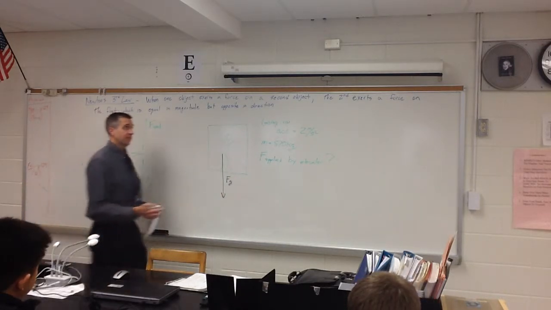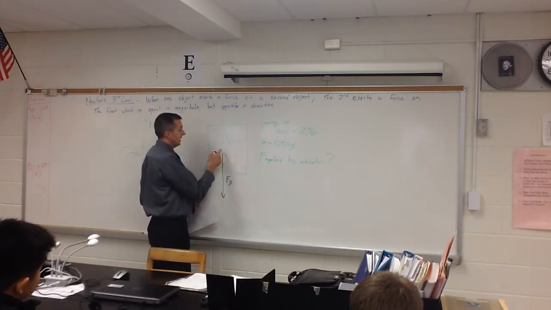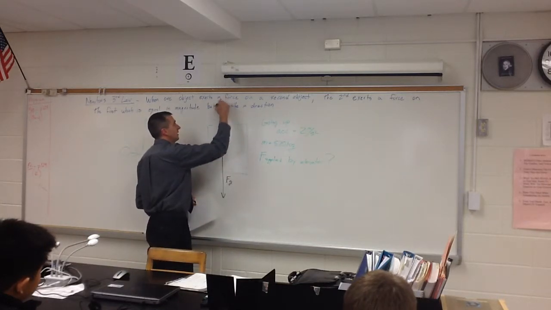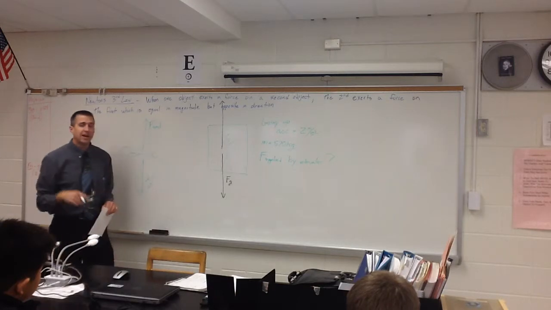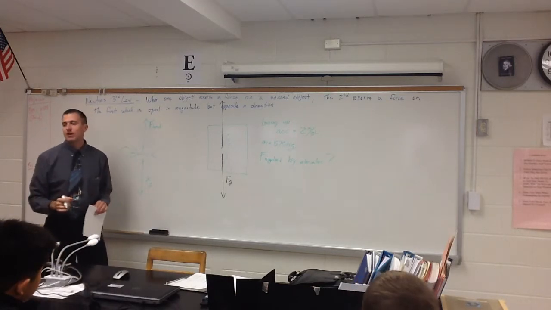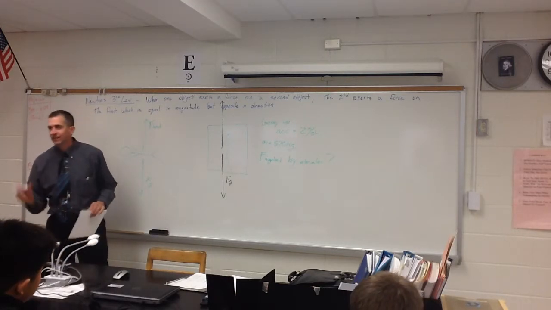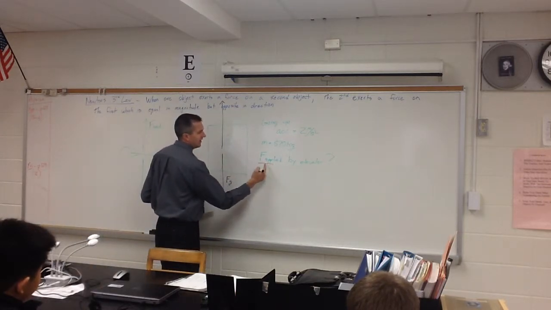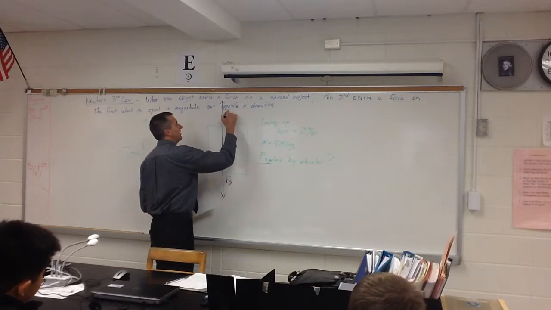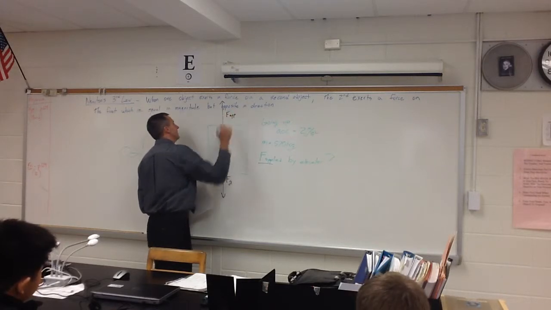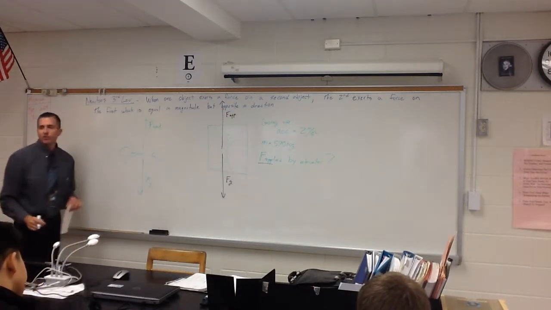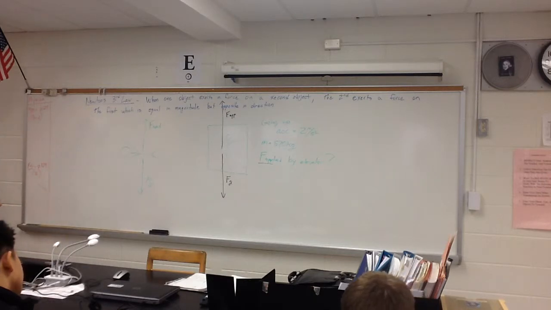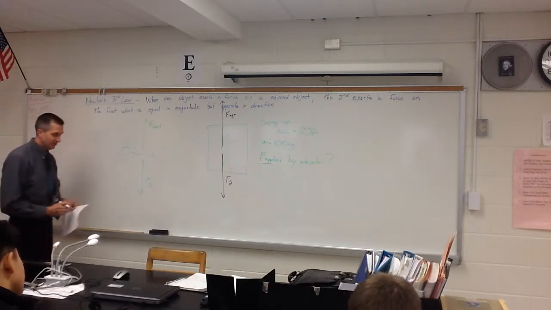But in this case, since the elevator is going up, there must be an arrow that's pointing up, and the arrow pointing up actually must be stronger than the arrow pointing down because it seems to be winning, if you will. And what do you want to call that? Well, I already kind of hinted at it. Why don't we call it the force applied? F app. So you got the force applied up, and you got the force of gravity down.